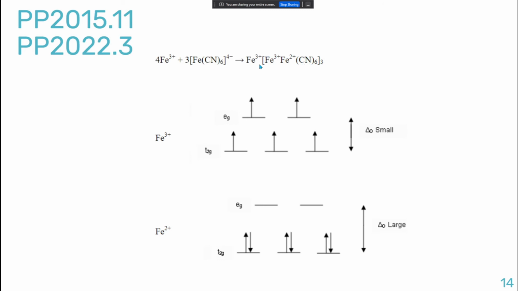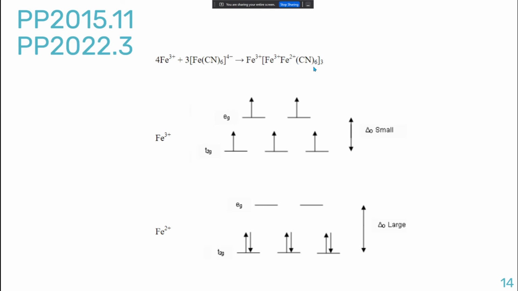Something is missing here because we have 4, 3, so we have 7 iron atoms. Aha, so we are missing some indexes here. We should have 4 iron atoms with 3 plus, and then 3 iron atoms with 2 plus, and overall 18 cyano groups.